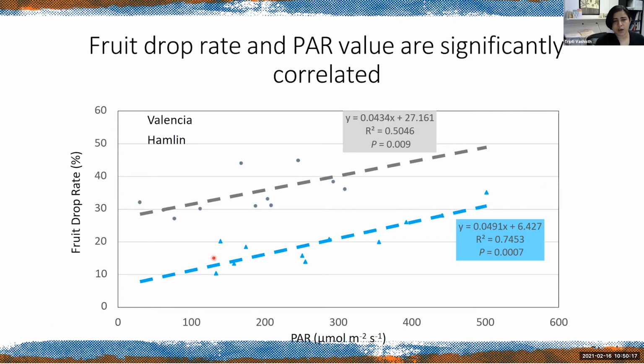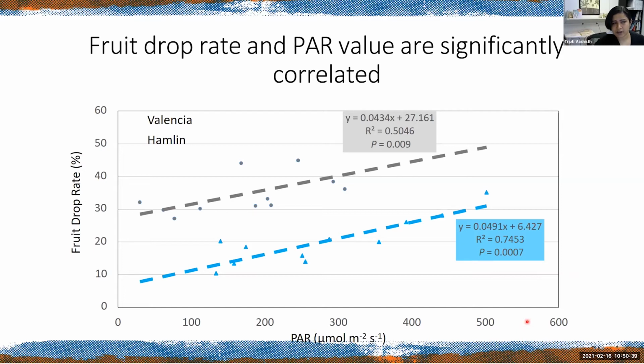We looked into the amount of photosynthetically active radiation that penetrates the tree and tried to correlate it with the fruit drop. So again, the PAR value tells us how dense your canopy is. What we found is that the fruit drop rate is directly related to the canopy density.